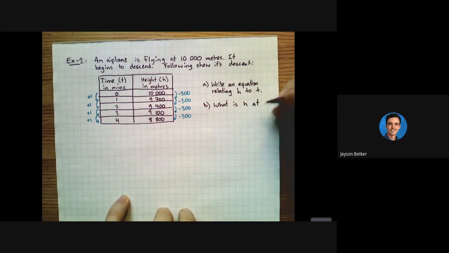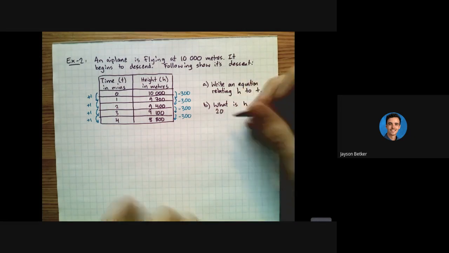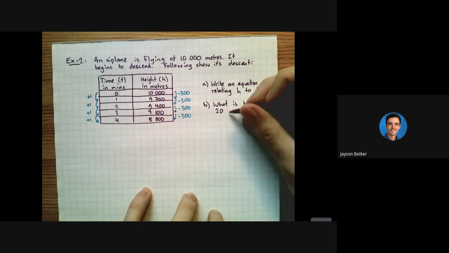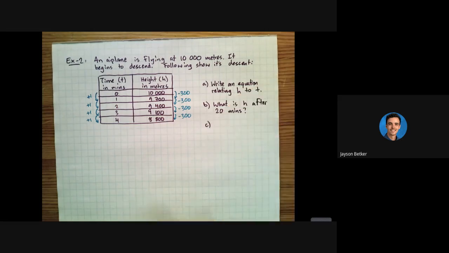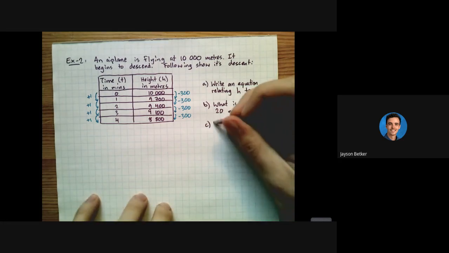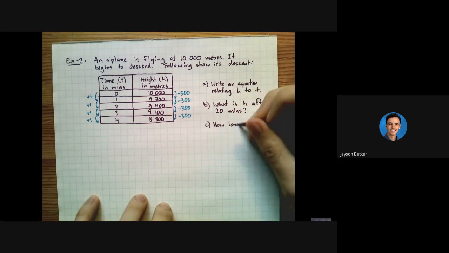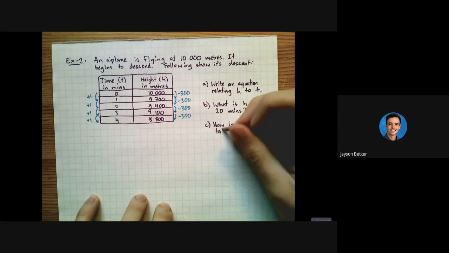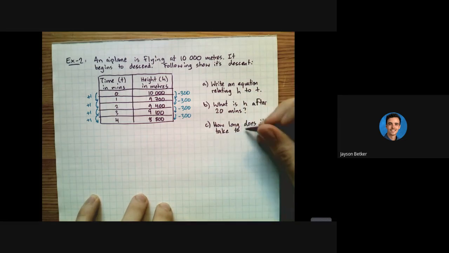After 20 minutes. And then C, how long does it take the plane to land? That one's kind of tricky. Take to land.